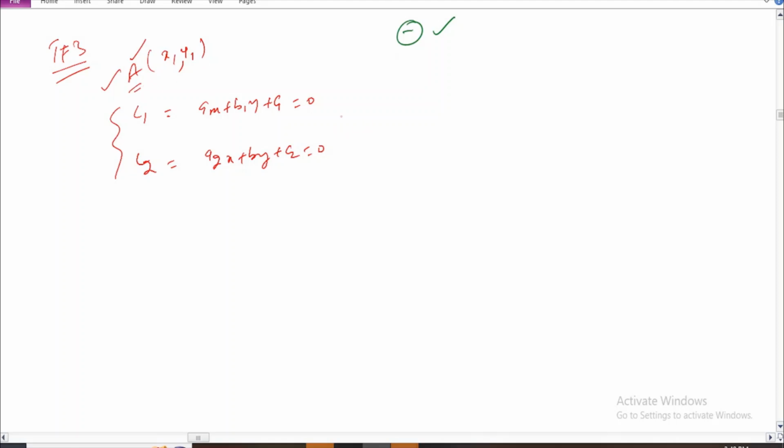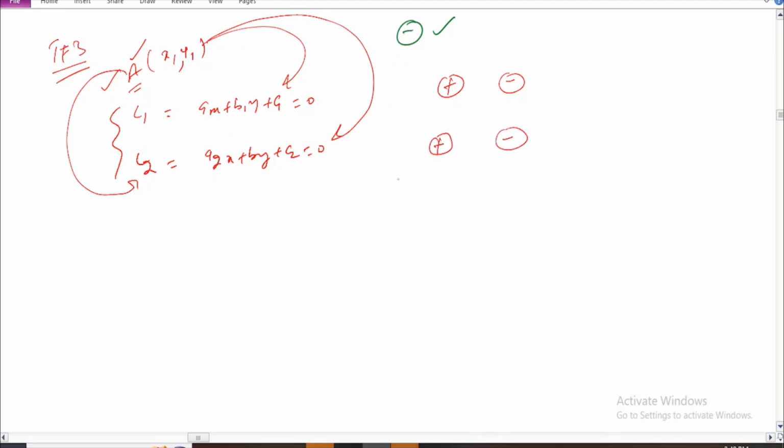So first put the point in these lines, right, and check the sign of the lines. It may be positive or negative. If you put this point in this line, it may be positive or negative.